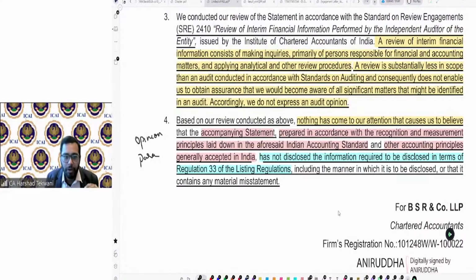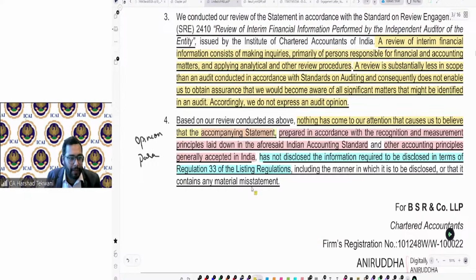They disclose, or nothing has come to our attention that can lead us to believe, and then you read the yellow part and then the blue part. Nothing has come to our attention that causes us to believe that the accompanying statement has not disclosed. So let me change it from here. Yellow one will go till here.